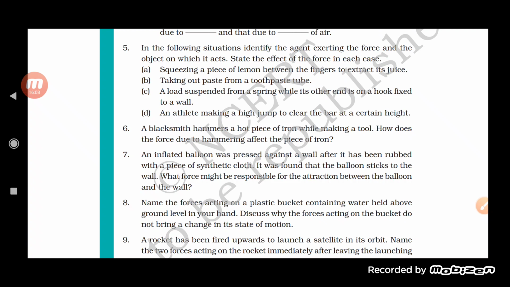So the kind of force here is the electrostatic force, and the reason is that when the balloon is rubbed, there will be a development of charges over the balloon.